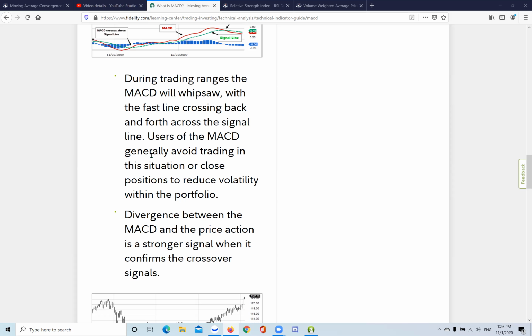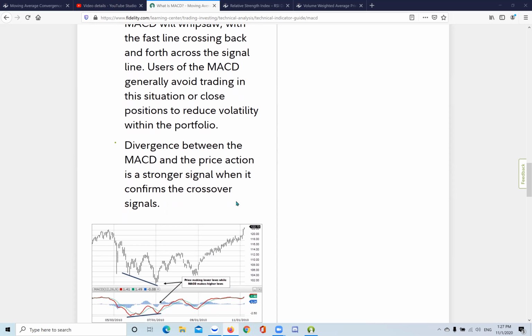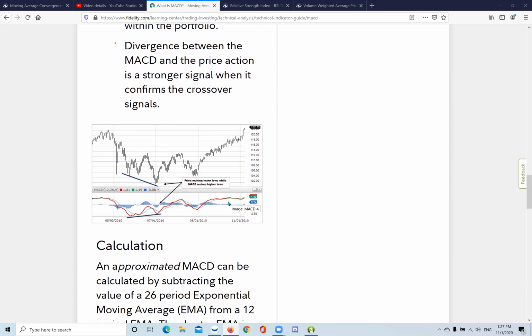Users of the MACD generally avoid trading in this situation or close positions to reduce volatility within the portfolio. Divergence between the MACD and the price action is a stronger signal when it confirms the crossover signal like this.